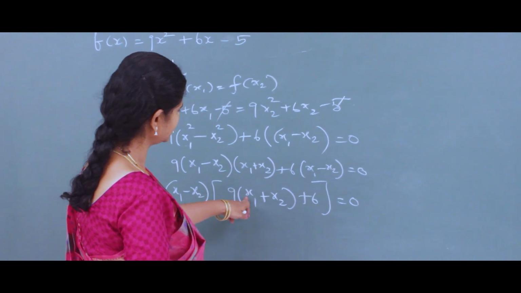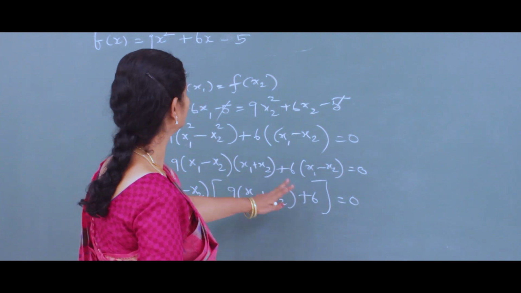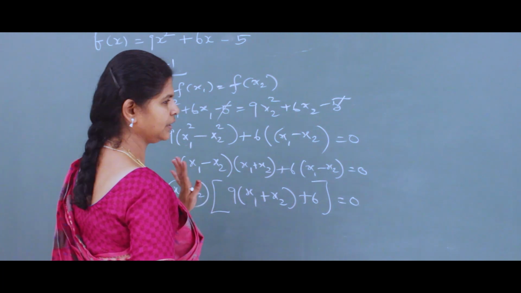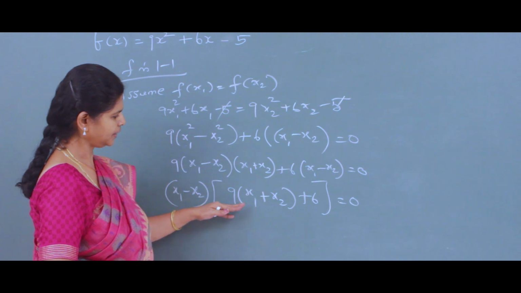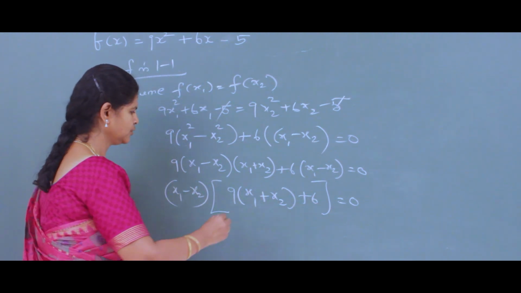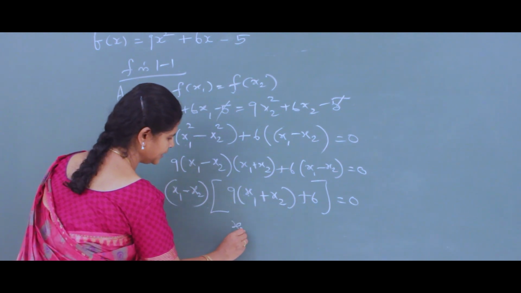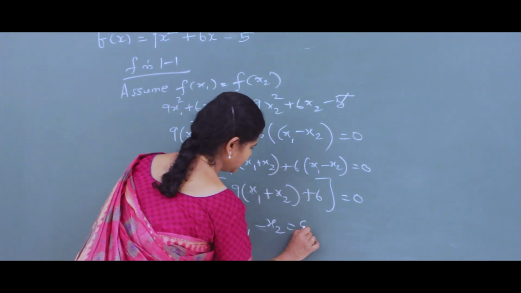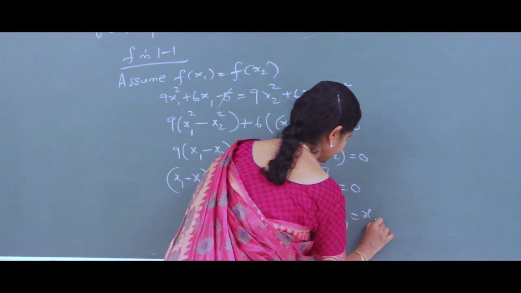Since x is in R plus, only positive terms are there, so 9(x1 plus x2) plus 6 is positive and not equal to 0. The only possibility is x1 minus x2 equal to 0, that implies x1 equal to x2.